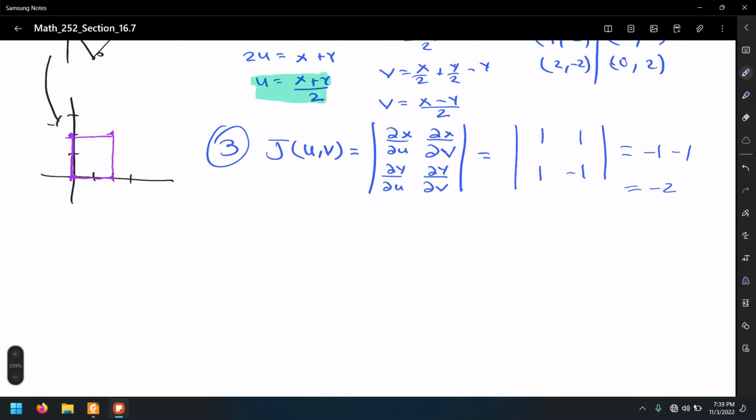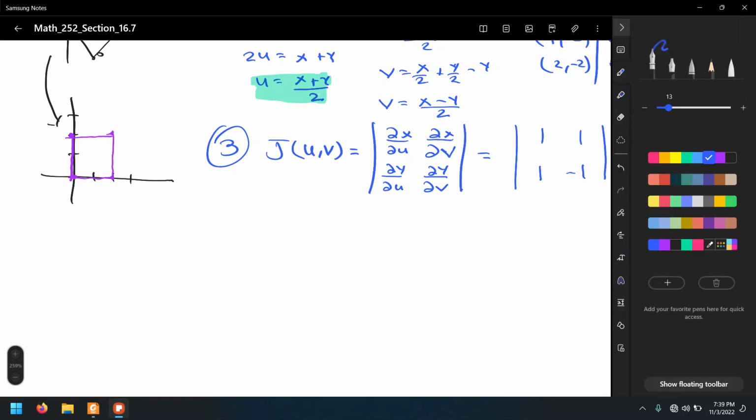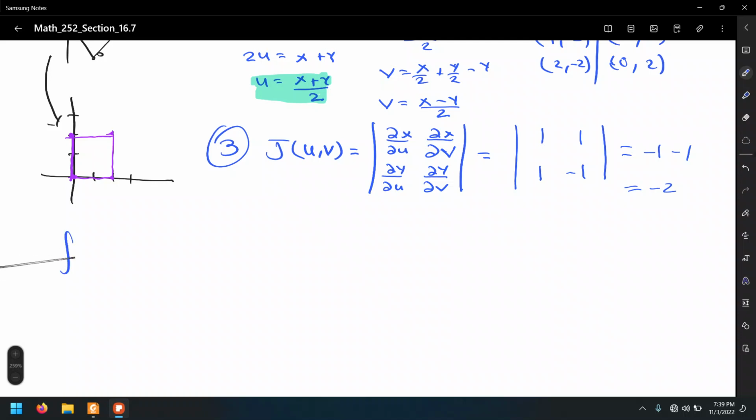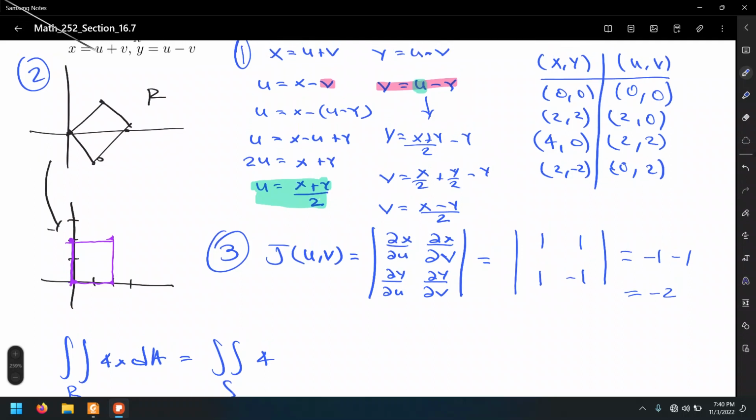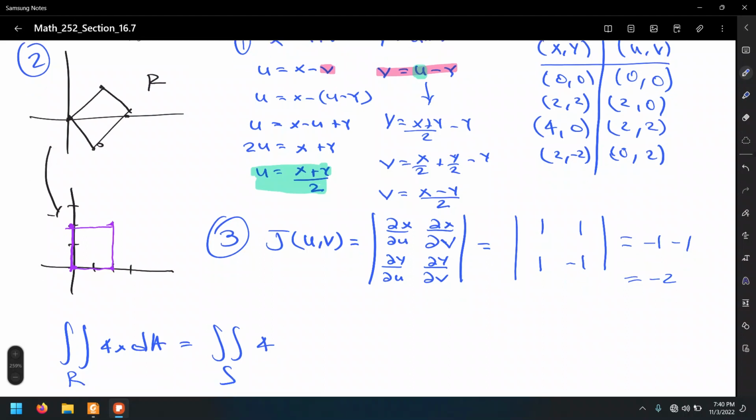So, well, let's set up our integral. And that's the double integral over the region R for x dA. That's the new integral in the world of S, but that 4 remains there, but we're no longer going to write x. We're going to write the expression of x in terms of u and v, which is this one right here, u plus v.